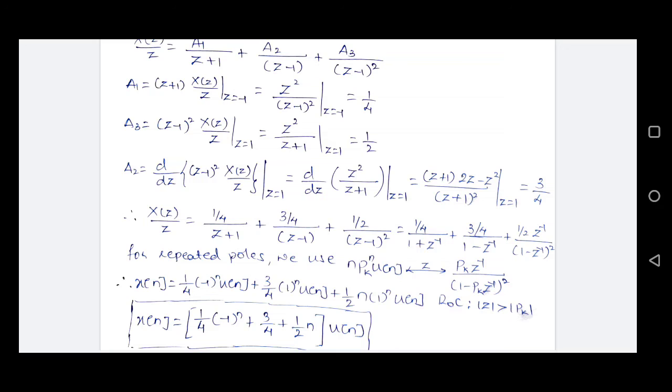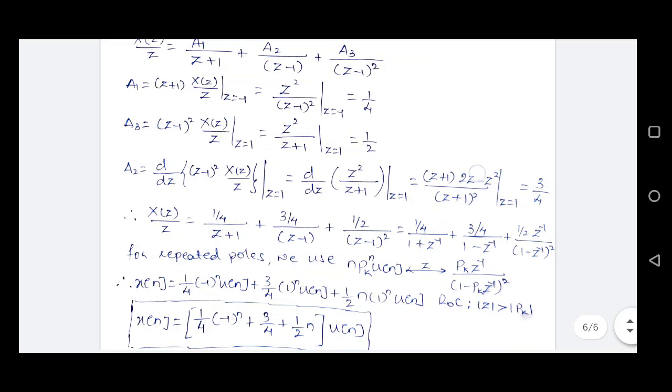So using this expression, x of n, the discrete time sequence we will obtain is 1 by 4 minus 1 to the power n u of n plus 3 by 4 1 to the power n u of n plus half n multiplied by 1 to the power n u of n, region of convergence mod of Z greater than mod of pk. Taking u of n common, the discrete time sequence x of n can be written as 1 by 4 of minus 1 to the power n plus 3 by 4 plus 1 by 2 n, times u of n.